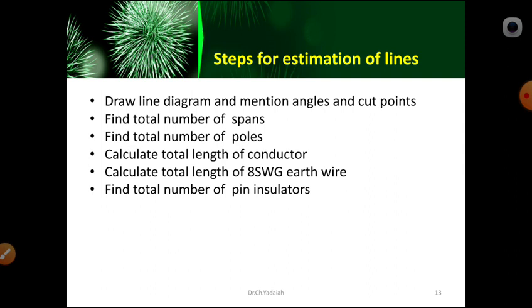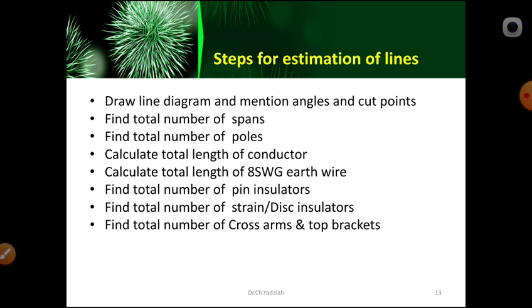Now, after knowing the insulators, the pin insulators, disc insulators and shackle insulators, we are going to find the cross arms. How many cross arms are required? Here also remember that at the starting and ending, flat type cross arms are generally preferred.